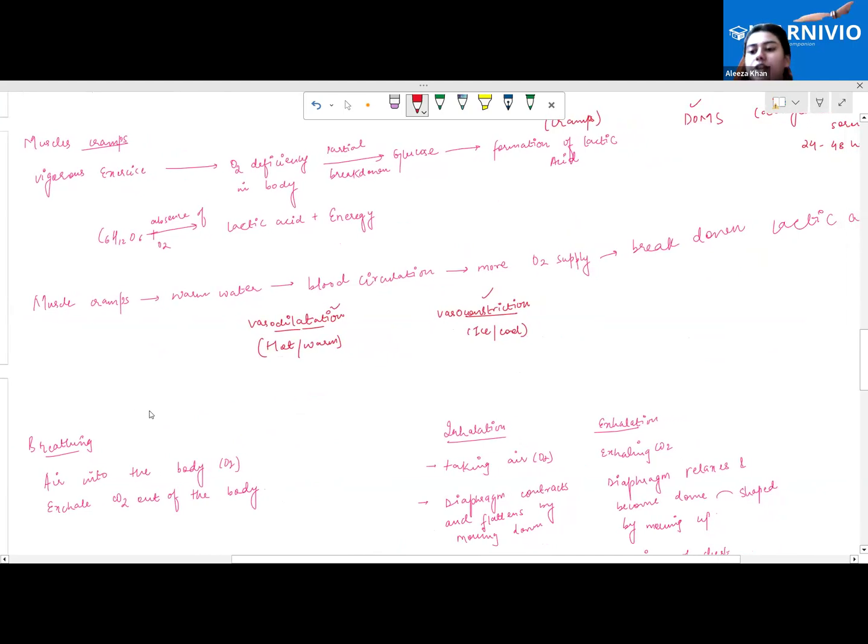C6H12O6. Okay, Shreya, if a person is having low back pain, in that case, which mechanism will you use? Which type of heat or ice will you give?